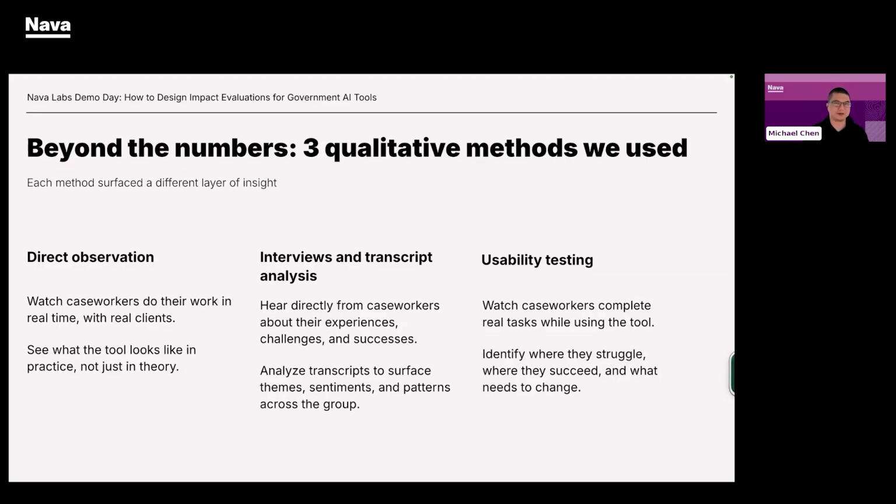So over the past year, we've been talking to them a couple of times a month just to check in. And we analyze these transcripts to try to identify themes, sentiments, and patterns. We're able to track how those themes evolve over time, right?